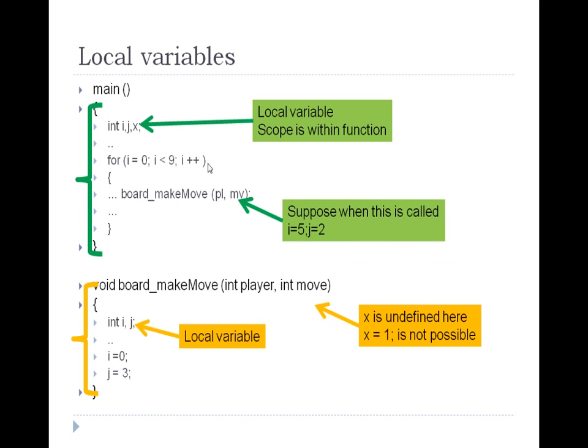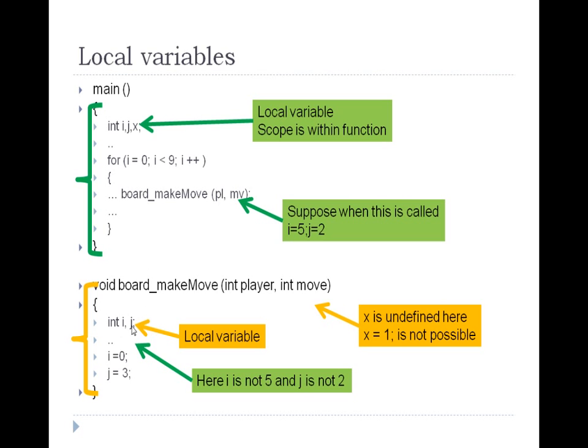Now suppose we are executing this program, and in one particular pass of this for loop, I is equal to 5 and J is equal to 2. And then this particular function is called when the control reaches here. At this point, I is not 5 and J is not 2. This IJ is not same as this IJ over here.